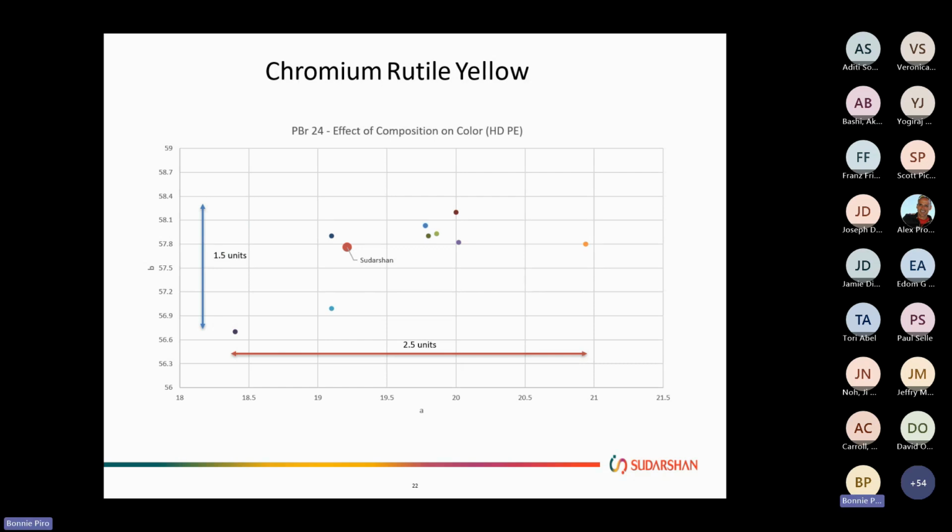Here's an example of Brown 24 during development of a product, where we started that effect of shifting those colorants. So you can see in this example that we were able to shift the red to green by 2.5 units, just by shifting that composition a little bit before we selected where we wanted to be for the product.